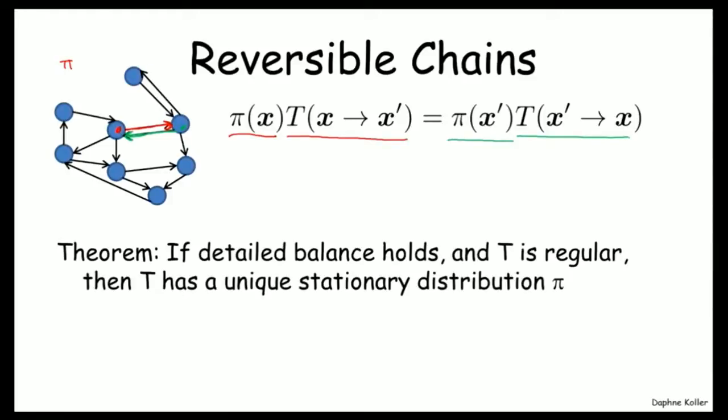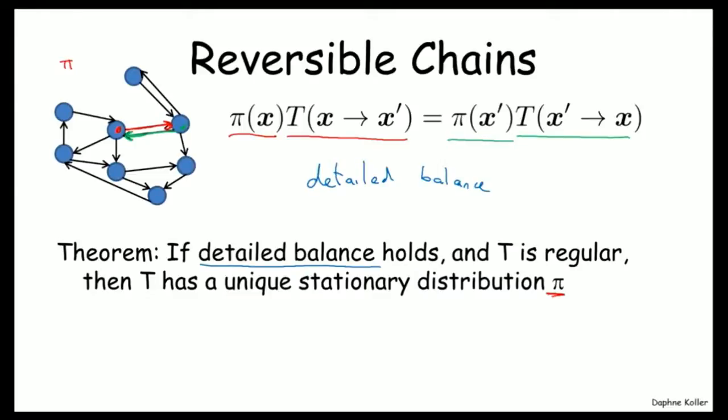And specifically, we can show, and it's not a very difficult proof, we'll show it in a moment, that if this equation, which is called the detailed balance equation, holds, and T is a regular Markov chain, then T has a unique stationary distribution, which we know from the fact that it's regular, but furthermore, that stationary distribution is pi.